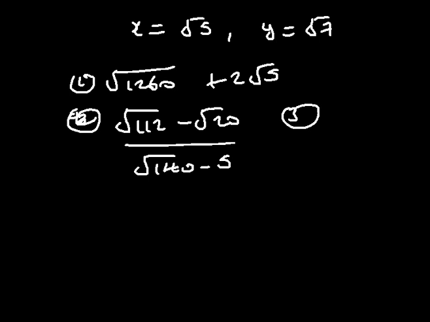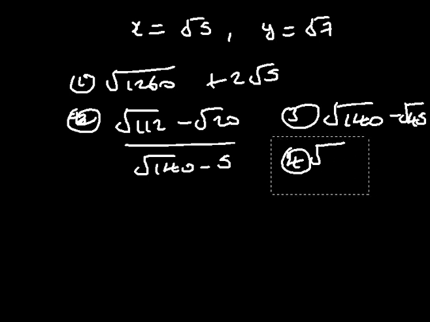And also we should have the square root of 140 minus the square root of 45. And we also have this case, which is the square root of, let me just stop it here, but try to express this the way it is there. So for this case, no need of rationalizing. So thank you.